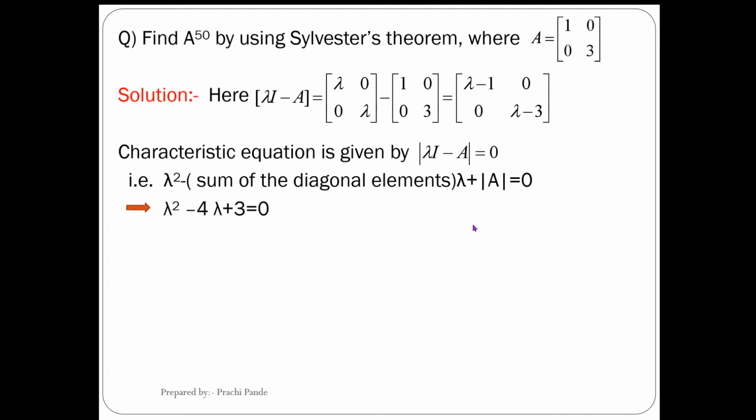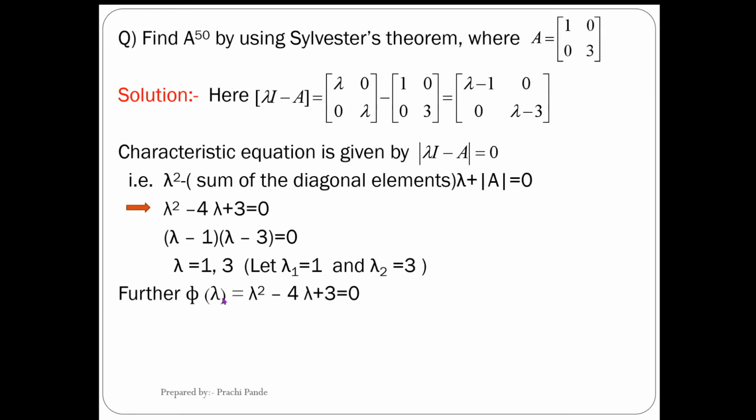So here we have the characteristic equation as lambda square minus 4 lambda plus 3 equal to 0, and after solving this quadratic equation we get the roots as 1 and 3. Let's denote the roots by lambda 1 and lambda 2. These two roots are distinct, so we can apply the Sylvester theorem for distinct roots.